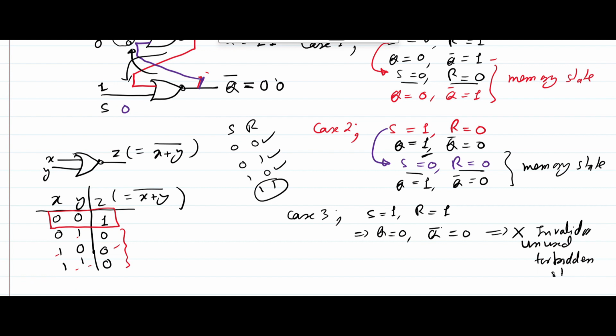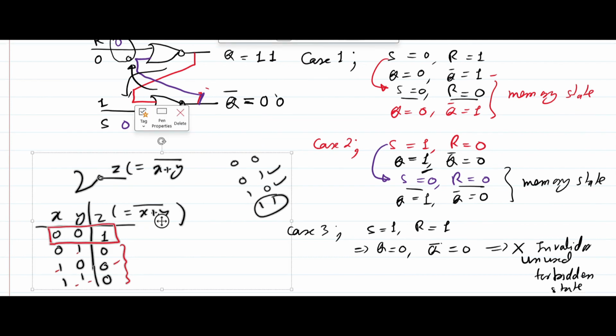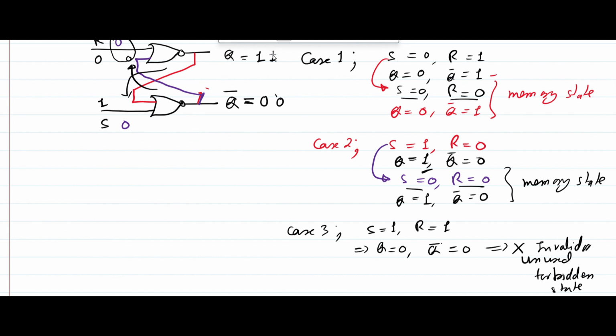Forbidden state. Fine. So now I am going to use these cases which I have discussed, and I will write the truth table for the SR latch using NOR gate. So what do I have? My inputs will be S, R, and the outputs will be Q, Q bar.